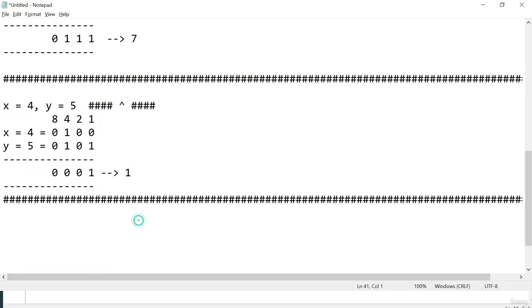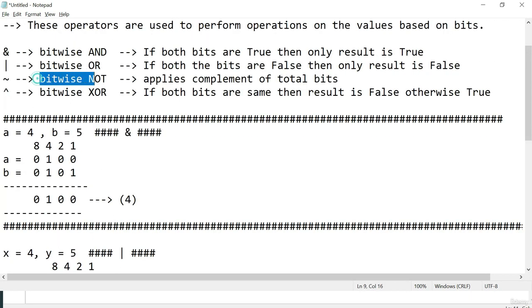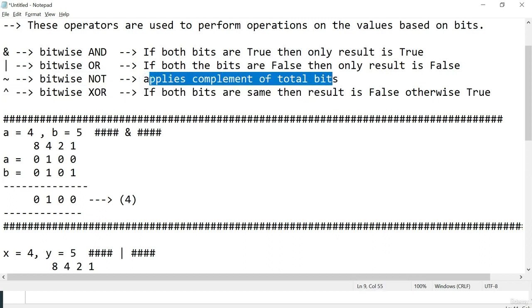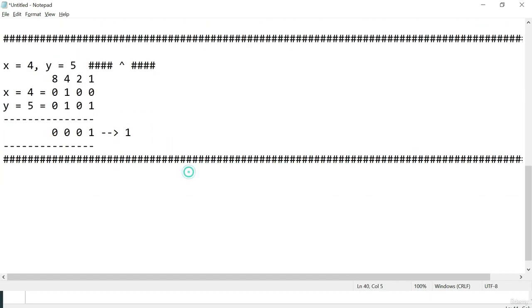Now let us see how we can do the bitwise NOT operator. The bitwise NOT operator is also called the tilde operator, because we are just applying the complement concept on this.